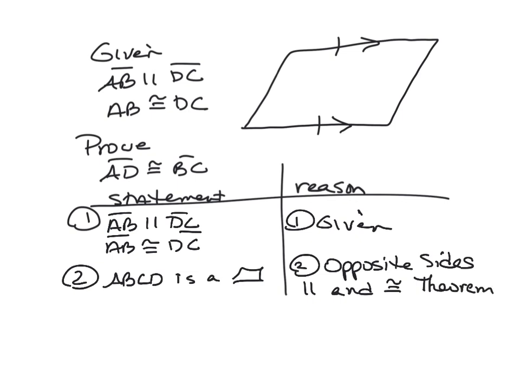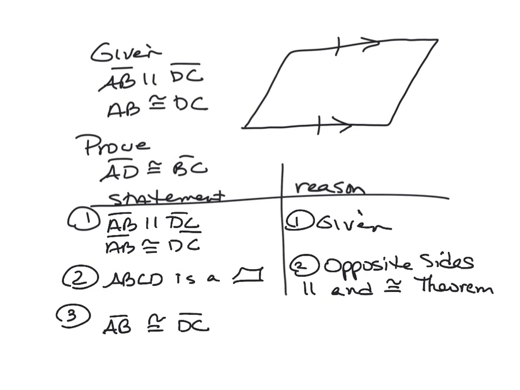And that states if one pair of opposite sides of a quadrilateral are both parallel and congruent, then the quadrilateral is a parallelogram. Now, we weren't trying to prove that it was a parallelogram. We were trying to show that AD is congruent to BC. So I can go, and that's what I'm trying to prove.